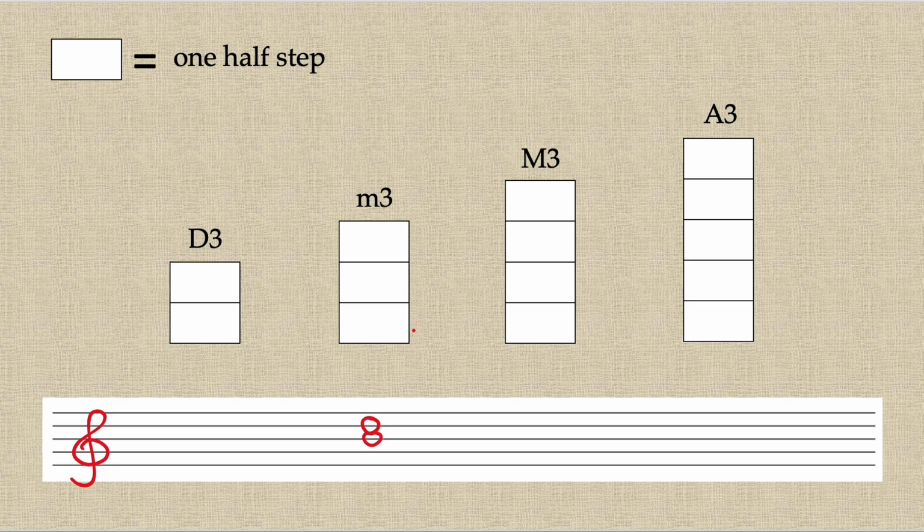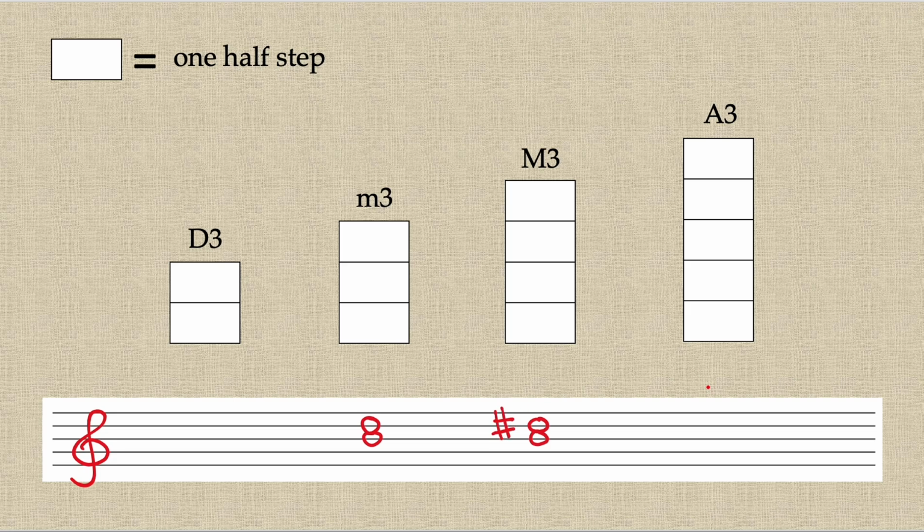If we add a half step to this minor third, B is going to stay the same. I'm going to make this minor third interval wider by adding one half step into it, by adding a sharp sign to the D. Now it becomes B to D sharp.